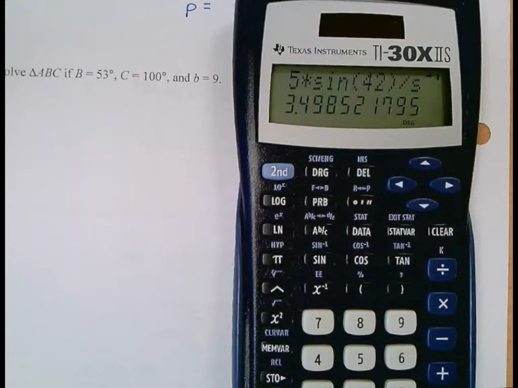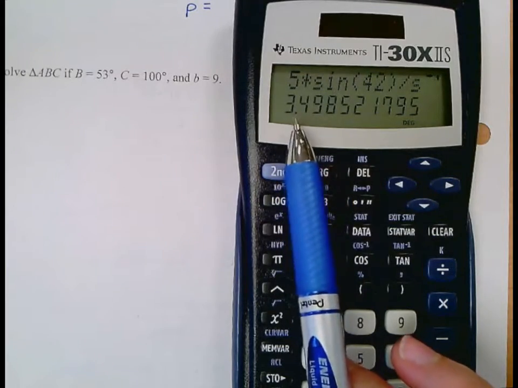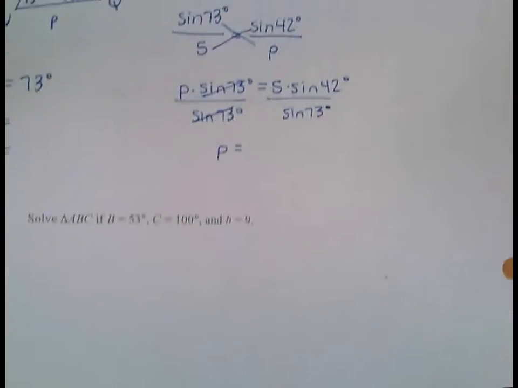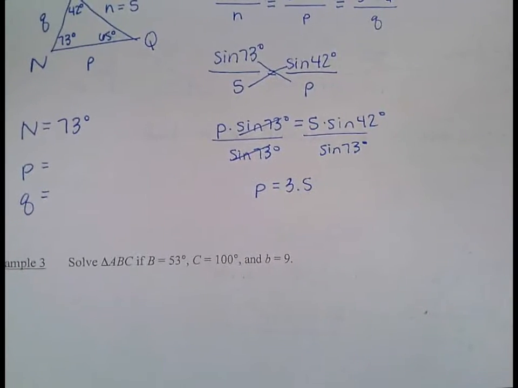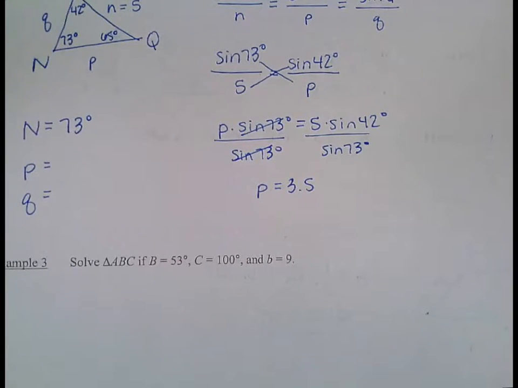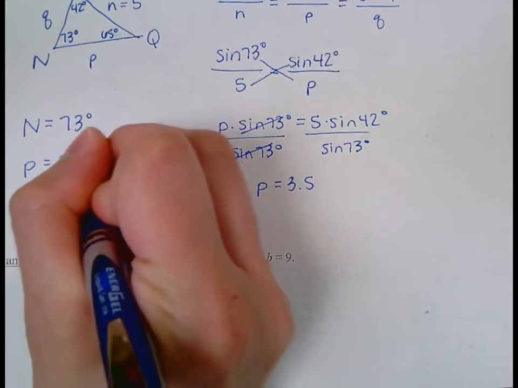However you type it in, you're going to round side length. It doesn't say in the directions, so just round to the nearest tenth. So it would be about 3.5 is side length p. Any questions on how I found that? Okay, so p is about 3.5.